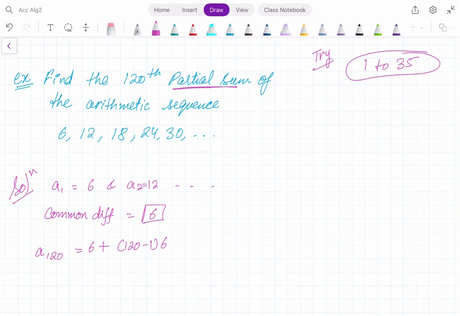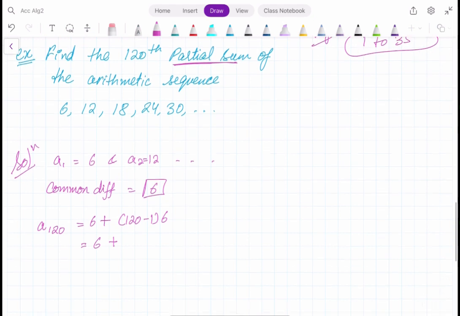To get the term, we use the previous formula, A1 plus n minus 1 times d. So A1 is 6, we want the 120th term. So 120 minus 1 times 6, you can distribute it. You will get 720 minus 6, plus 6, and the 6 and 6 cancel out. So A120, the 120th term, has the value of 720.